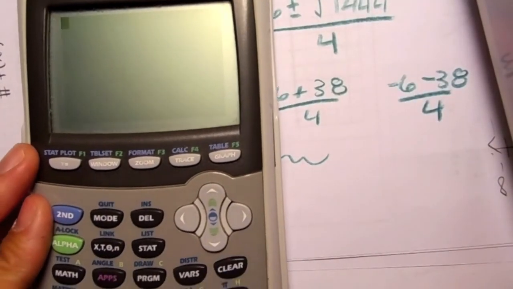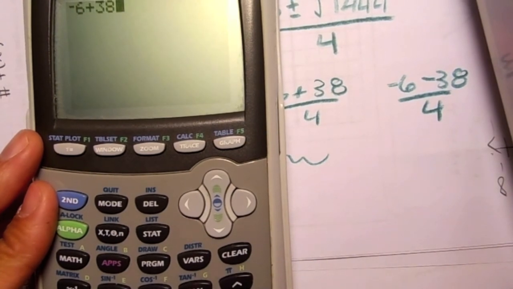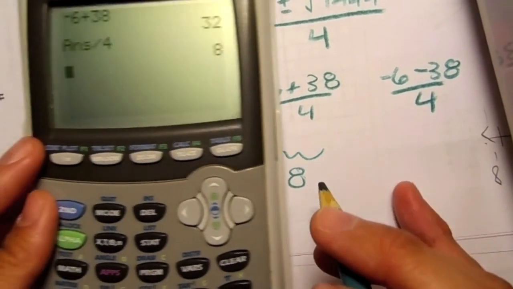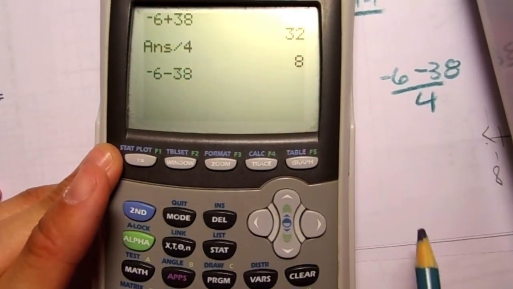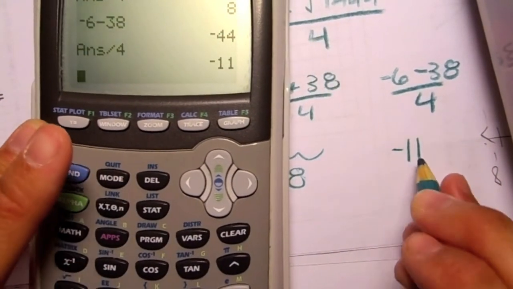Negative 6 plus 38 divided by 4 gives you 8. And negative 6 minus 38 divided by 4 does give you negative 11.